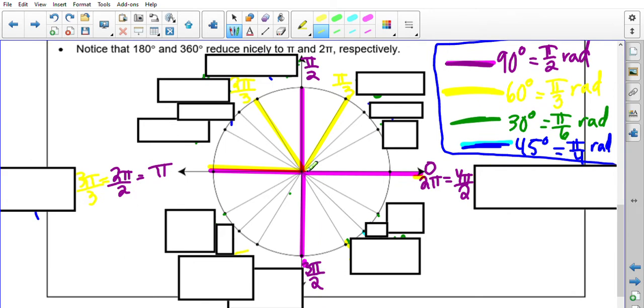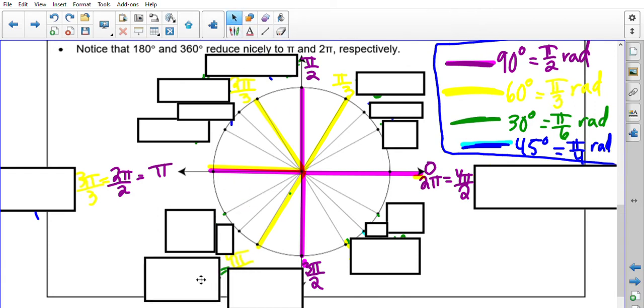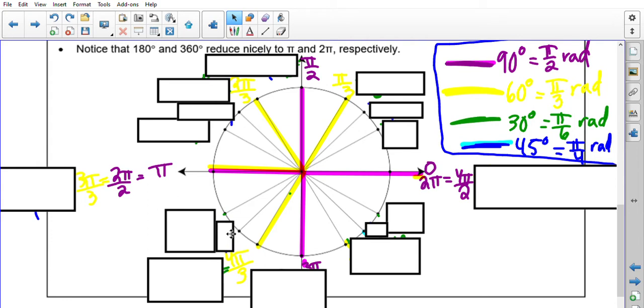All right, now we're going to do 4 pi over 3. So the fourth 60-degree angle. So we write that as 4 pi over 3. All right, and then we're going to do the fifth 60-degree angle. Sorry, I'll fix that.